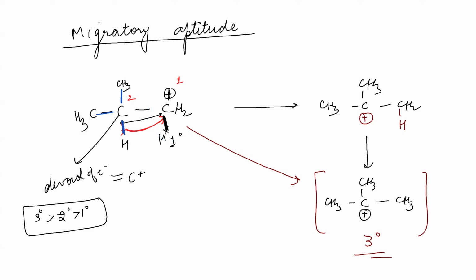So when they were equally spaced on this carbocation, what does that mean? These electrons were equally being pulled. Yes. But why only H shifted? Because H is the lightest of all. So the migratory aptitude of hydrogen is the maximum. No matter what group is connected, write down that the migratory aptitude of hydrogen is maximum.